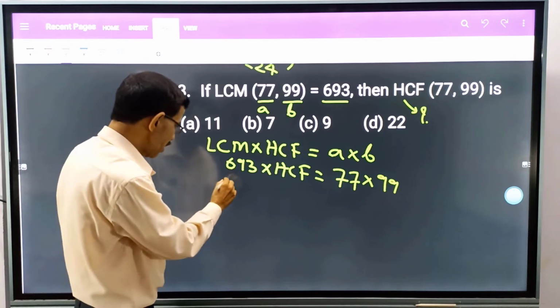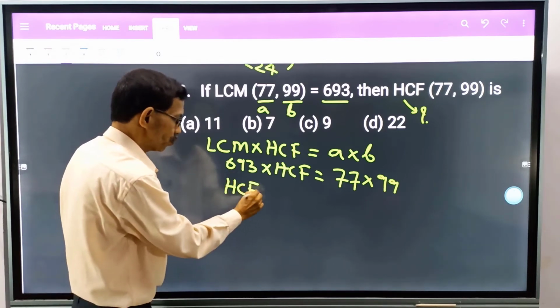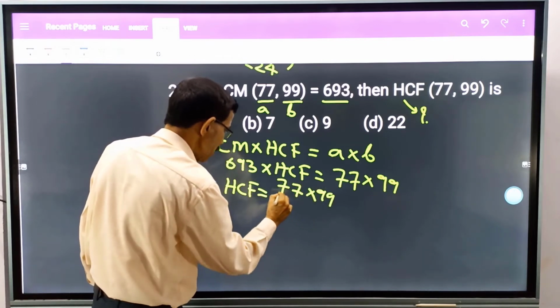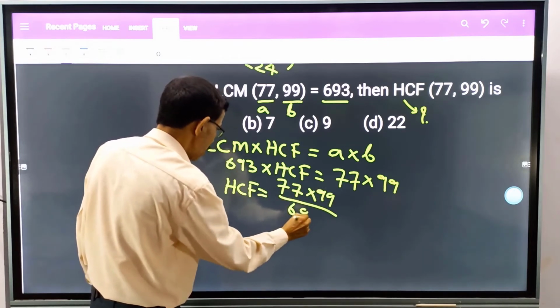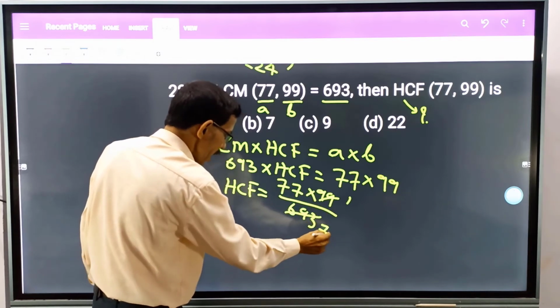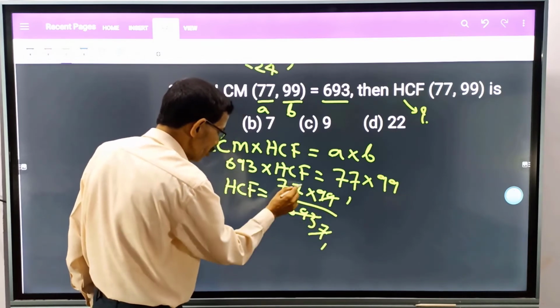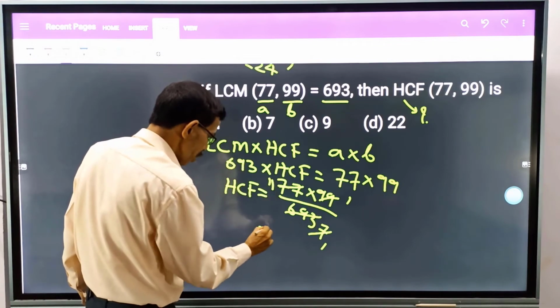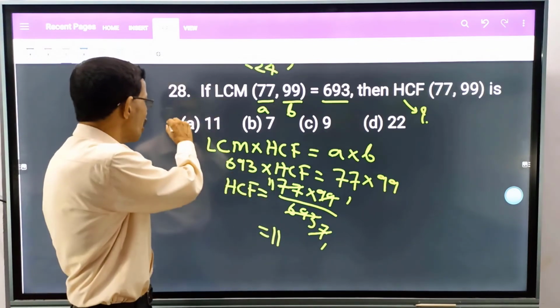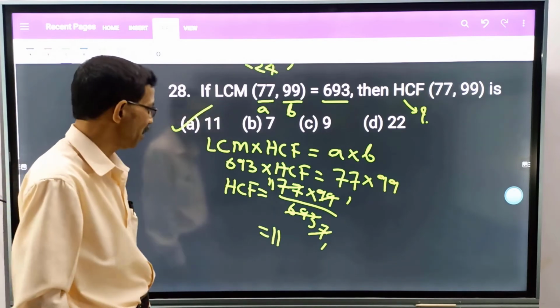We can write HCF is equal to 77 multiplied by 99 divided by 693. This gets cut with 7 and this gets cut with 11. So our HCF is equal to 11, and the correct option is option A.